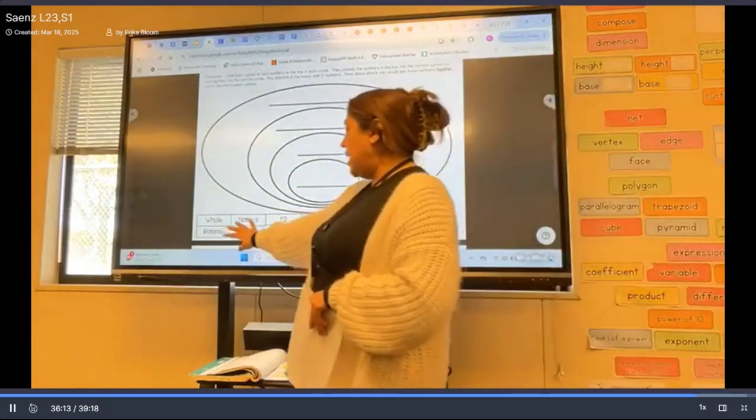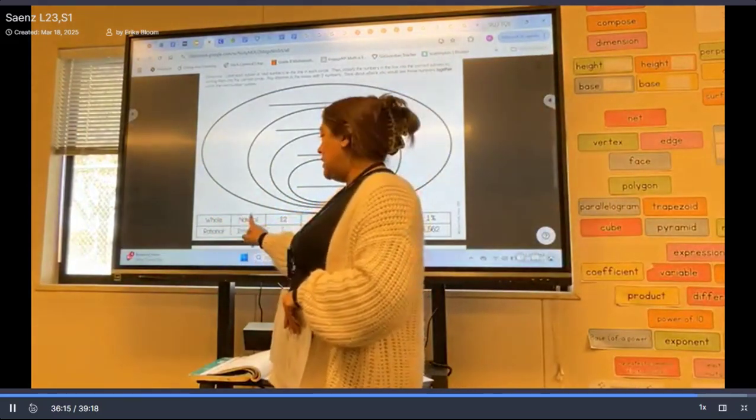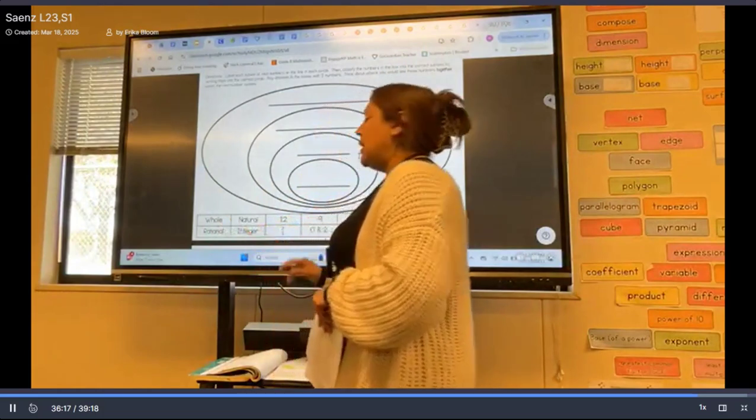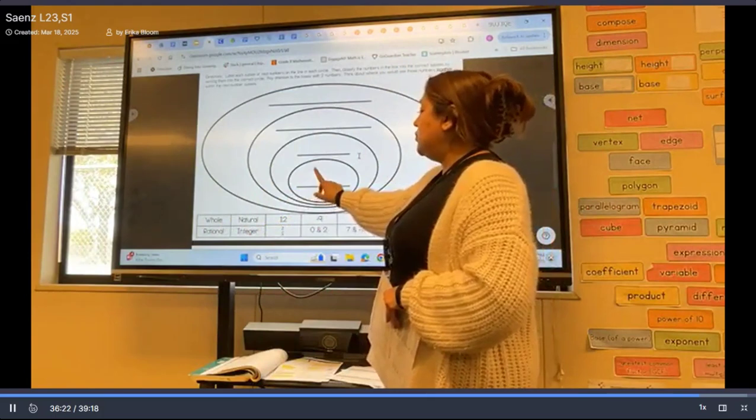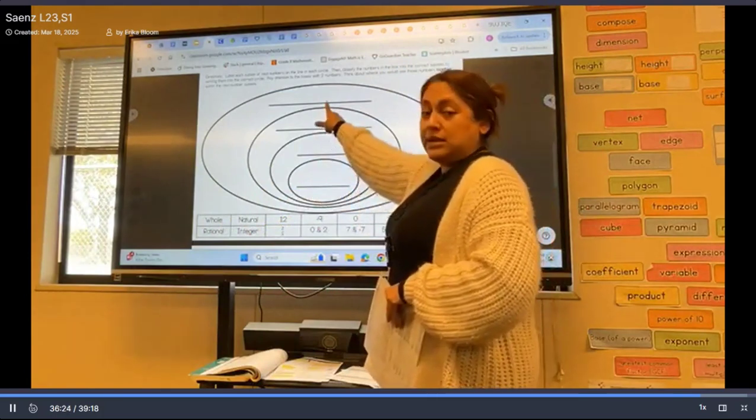So right here we have 4 categories already. We have whole, natural, rational, and integer. Based on what you've learned already, you're going to write the category of each section.